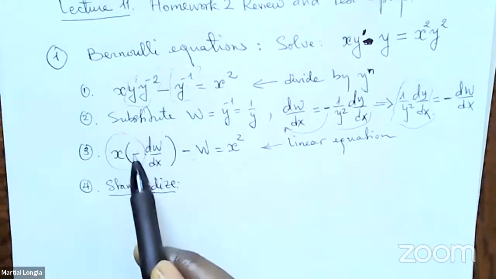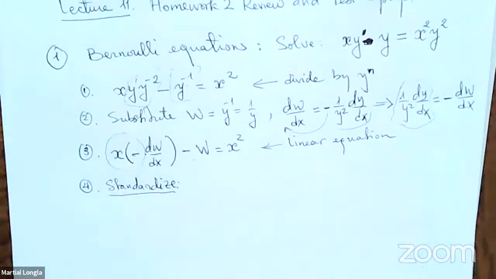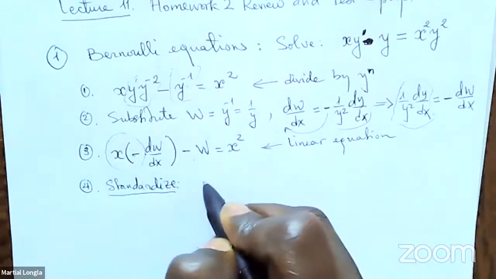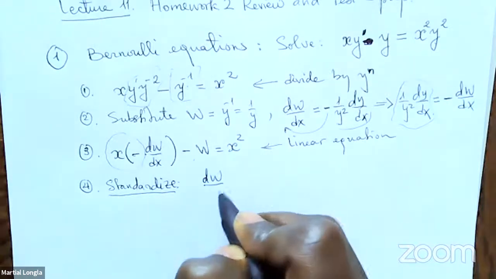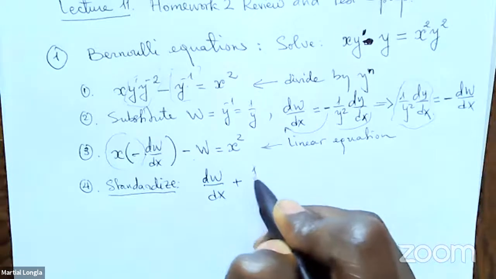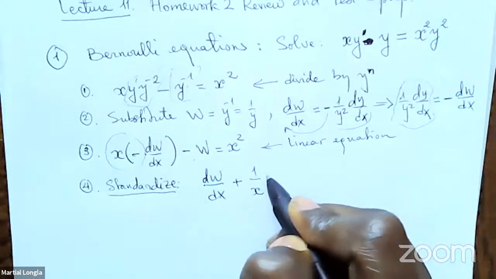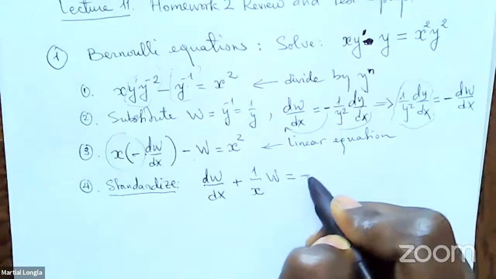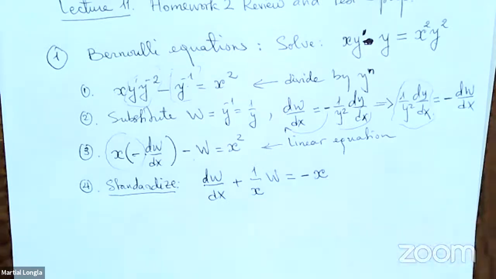Here it's negative x. So we multiply the whole thing by 1 over negative x. And so that becomes dw over dx plus 1 over x w equals minus x.